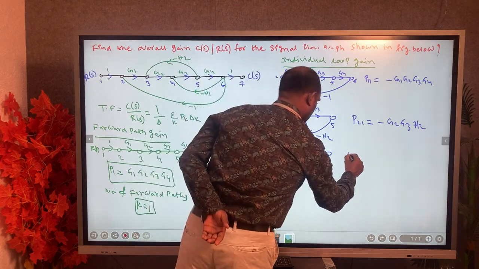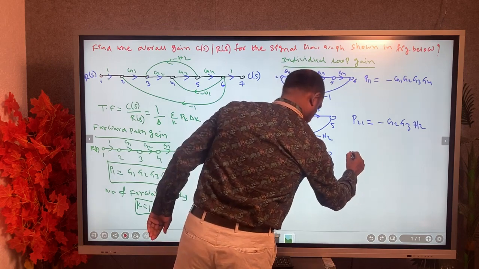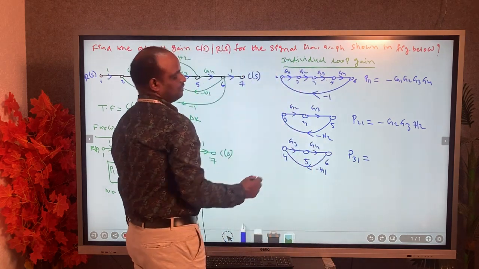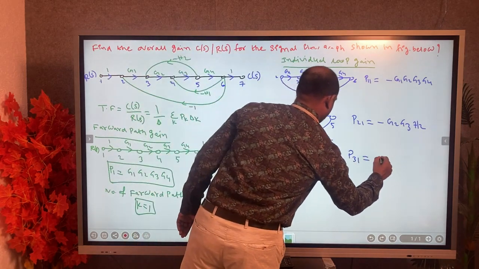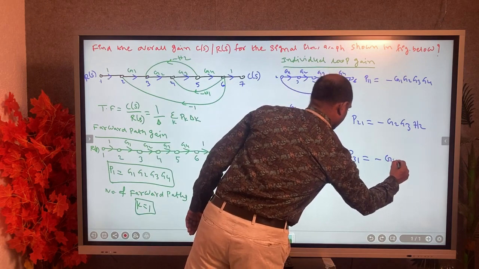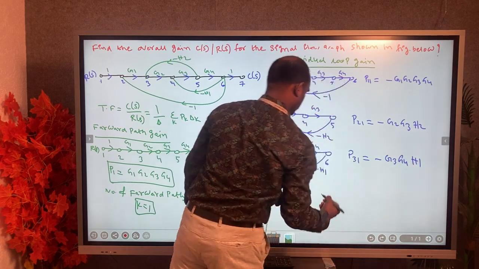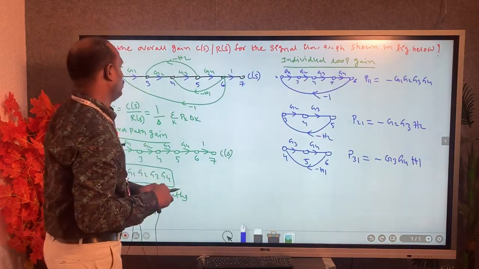So P31 equal to, P31. So multiply each transmittance, that is minus G3 G4 H1. So these are the individual loops.